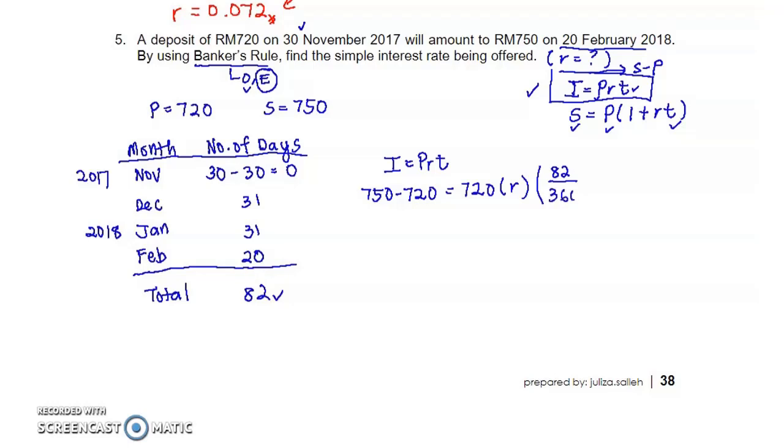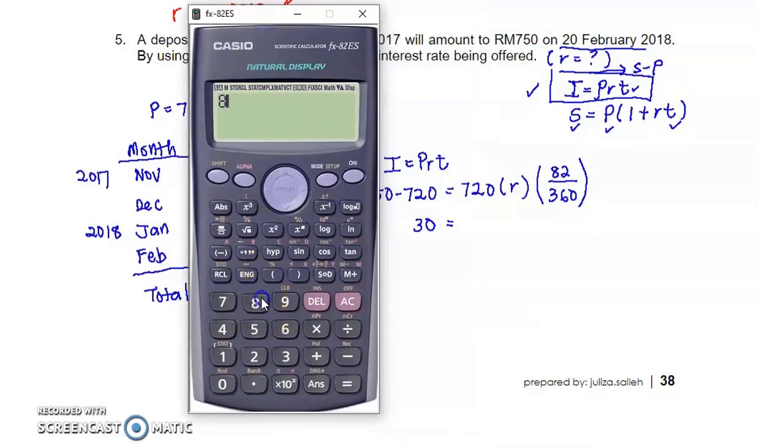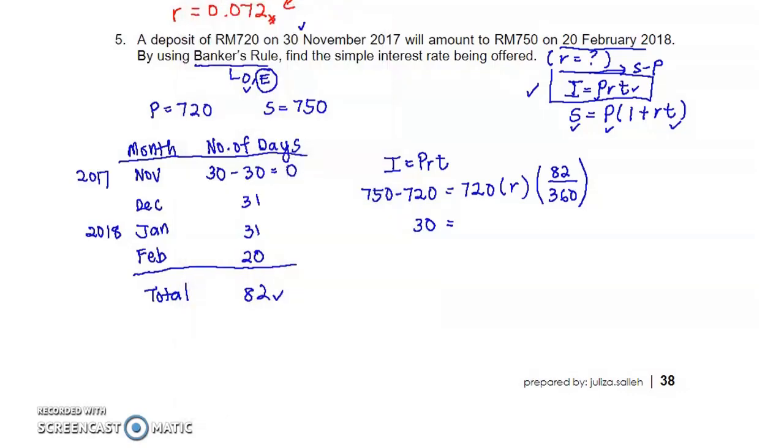Ordinary divided by 360. So amount of interest here is 30 ringgit. So when you calculate, you will get 82 divided by 360 multiply 720, 164. 164 R. So R equal to 30 divided by 164.